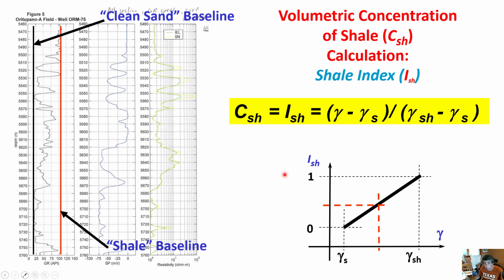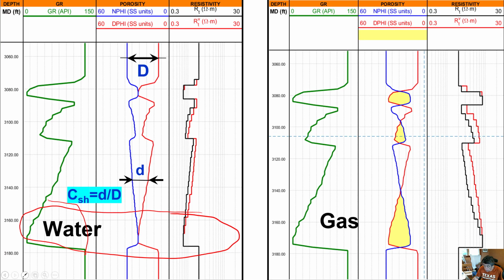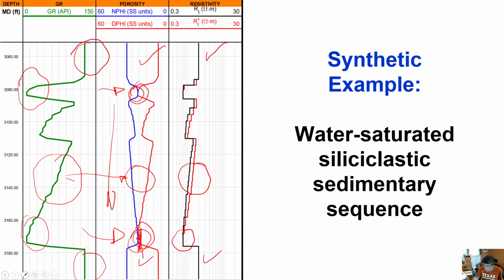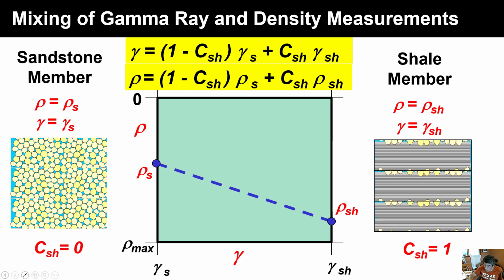If you go back to the mixing law that we had before, let me go back a little bit in the slides, this mixing law here for the gamma ray log, it says: you tell me what the gamma ray log is in the pure shale, you tell me what the gamma ray log is in the clean sandstone, and I can tell you how to calculate CSH if you give me the gamma ray log.